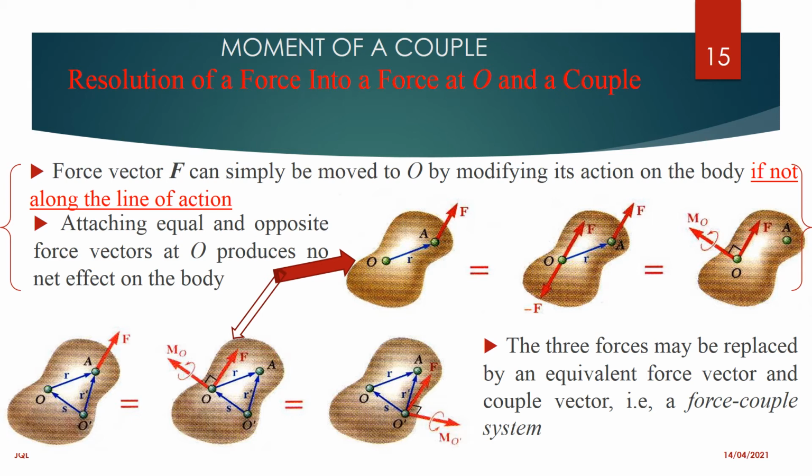What this simply means is you have your force at this body, the force at A. If you'd want to move the force F to O, or maybe to O prime, the only thing that you need to do is you put two forces, same magnitude, but in opposite direction.